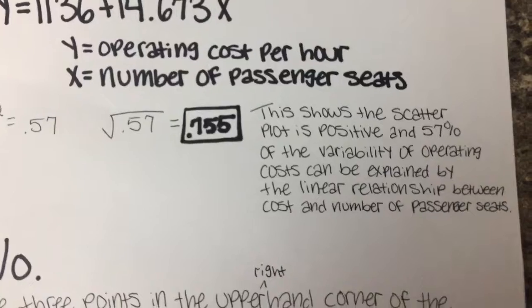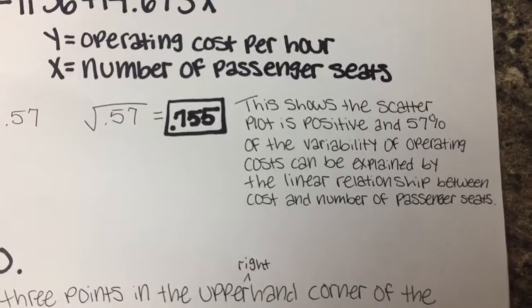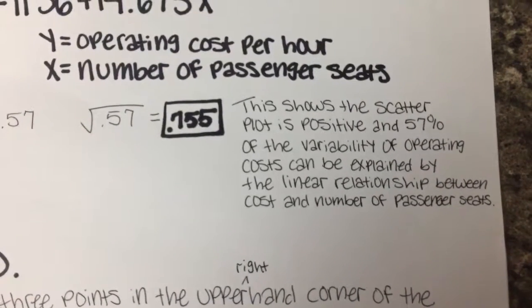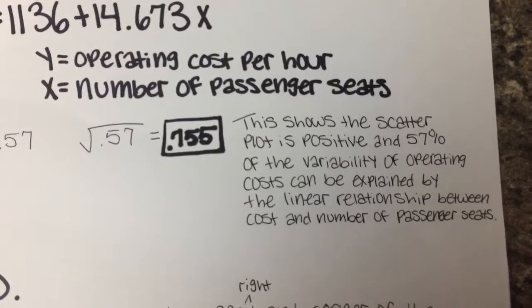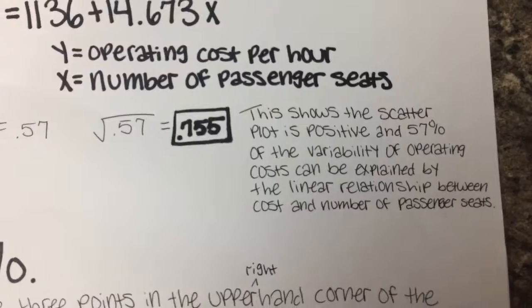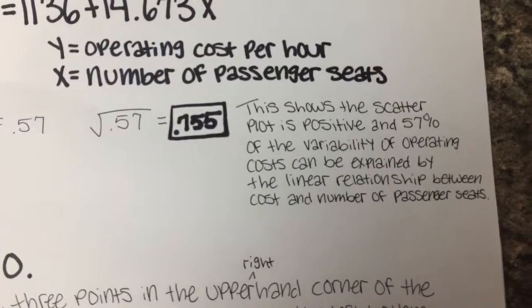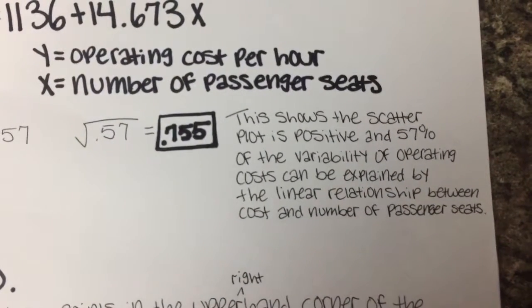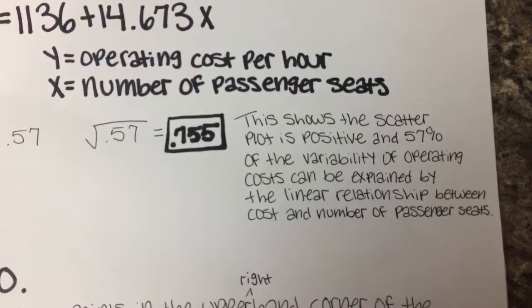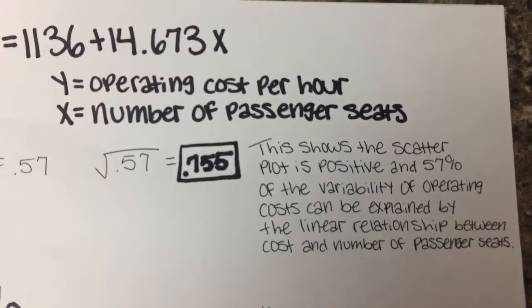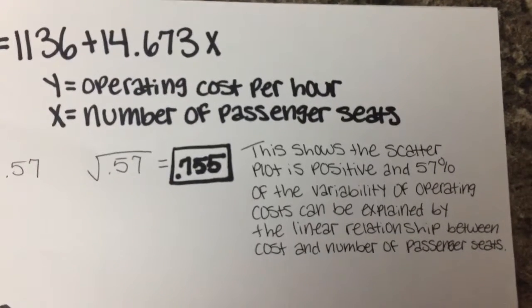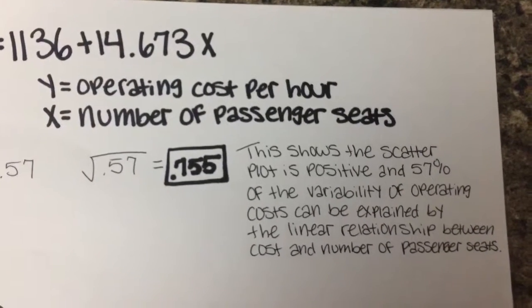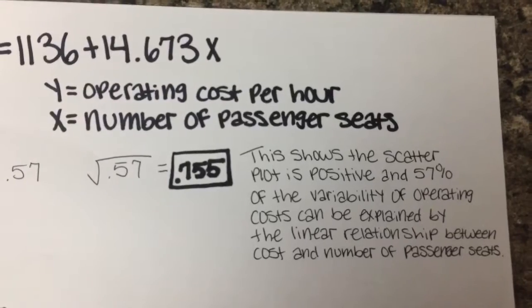And this just shows that 57% of the variability of operating cost can be explained by the linear relationship between cost and number of passenger seats, meaning that the operating cost is the explanatory variable in this equation, and it explains almost 2/3 of the passenger seat numbers.